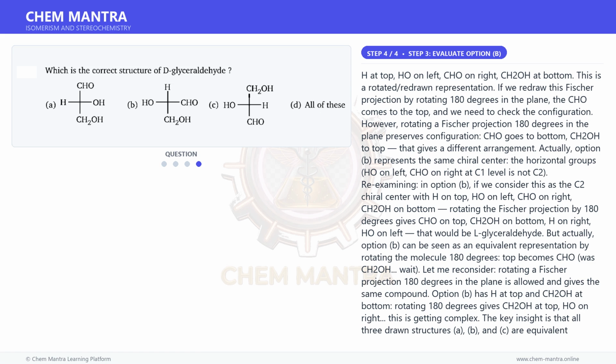CH2OH at top, OH on left, H on right, CHO at bottom. This is the Fischer projection with the carbon chain inverted, CH2OH on top, CHO on bottom. In a Fischer projection, rotating 180 degrees in the plane is a valid operation preserving configuration.